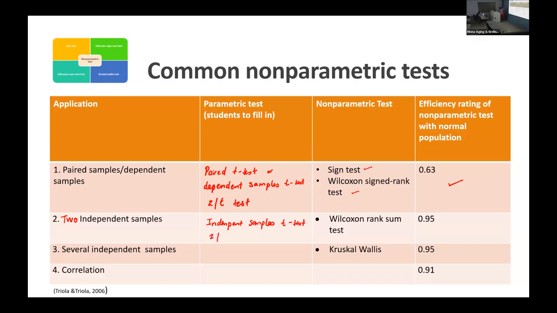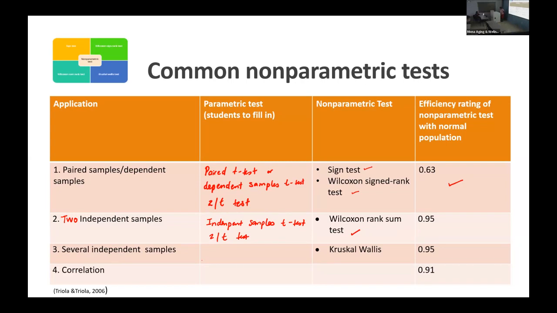And again, this one could be Z or T depending on the sample size. Now the non-parametric analog for the independent samples t-test is the Wilcoxon rank sum test, and the Wilcoxon rank sum test is 95% as efficient as the independent samples t-test.